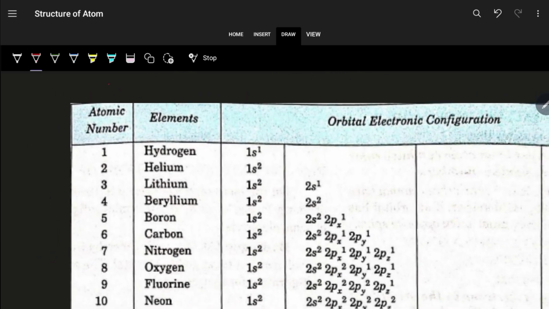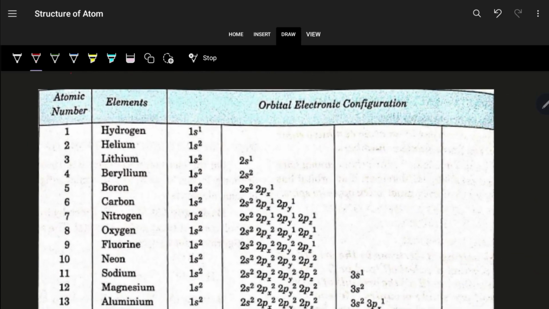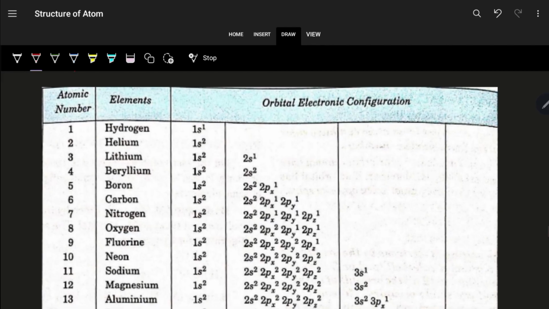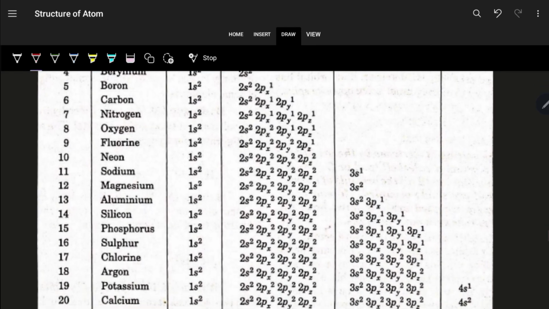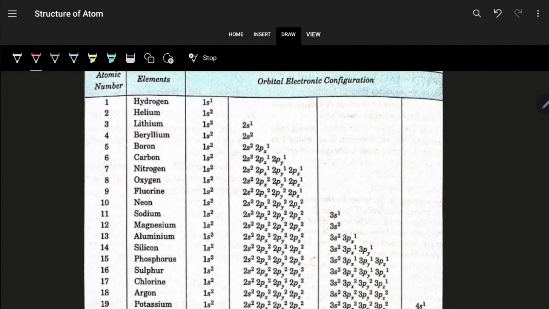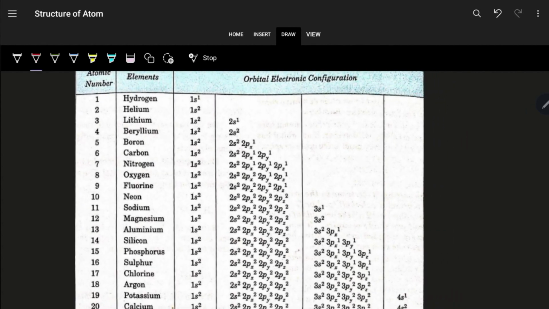Next I have shown you the electronic configuration, how to write it following all the rules. Atomic numbers 1 to 20 are shown first. Here you have to keep in mind 1s1, 1s2, hydrogen, helium, you have to remember the order of the elements.